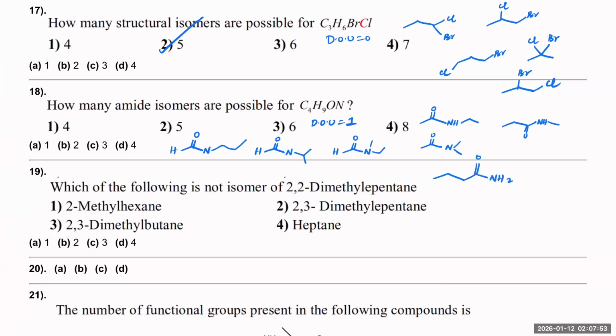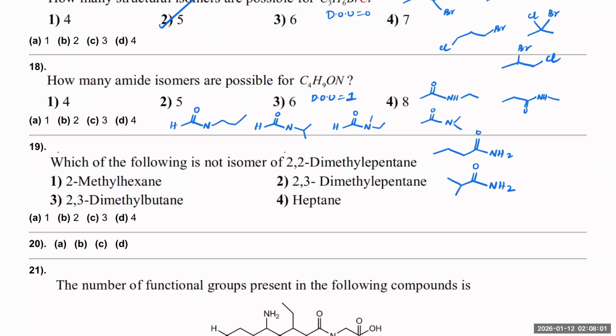And this 4 can be written as 3 double bond O NH2 like this. These are the two forms I can get. Is there anything else I can get? No, that's it. Yeah. So count how many we got totally. So 1, 2, 3, 4, 5, 6, 7, 8. So total we got it as 8.